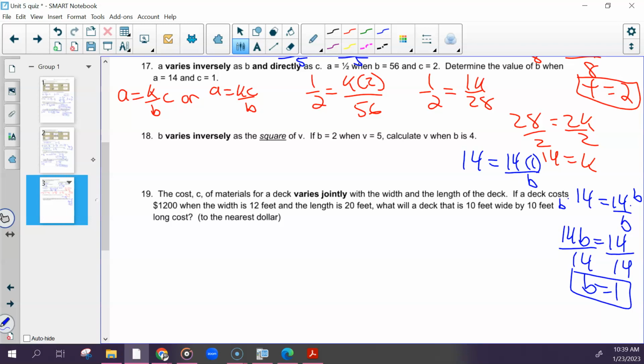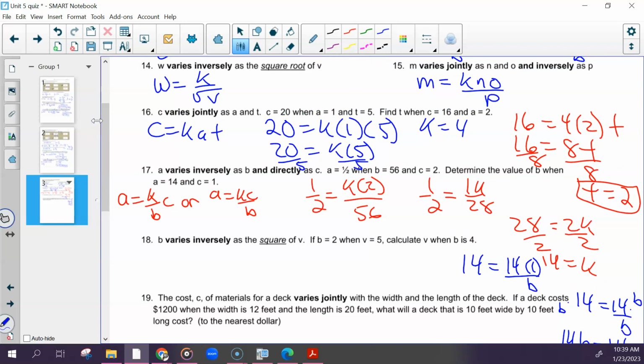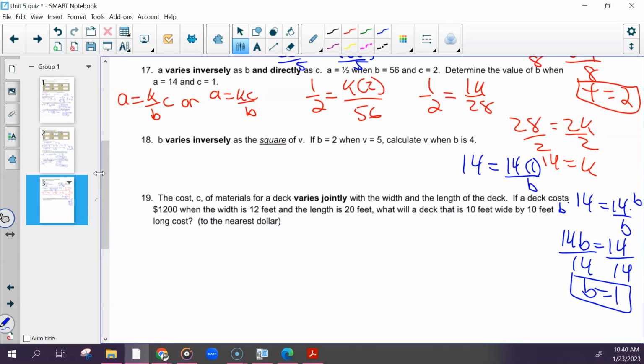18 will be set up similarly to 14, but square instead of square root. So B varies inversely. B equals K over B squared. If you put square root, that threw everything else off. And then B is 2 when B is 5. 5 squared is 25.